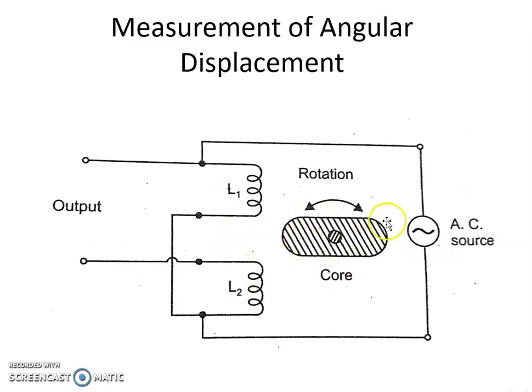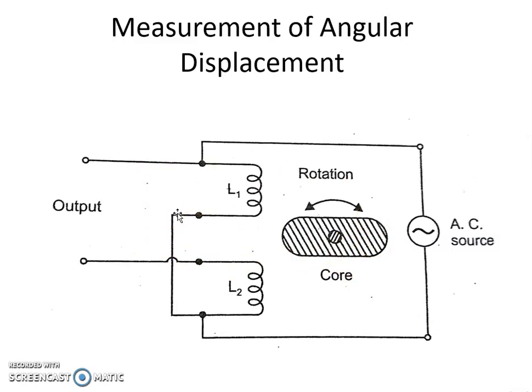Any angular displacement from the null position of this core, either clockwise or anti-clockwise, will result in a differential voltage output, which is proportional to the amount of displacement.